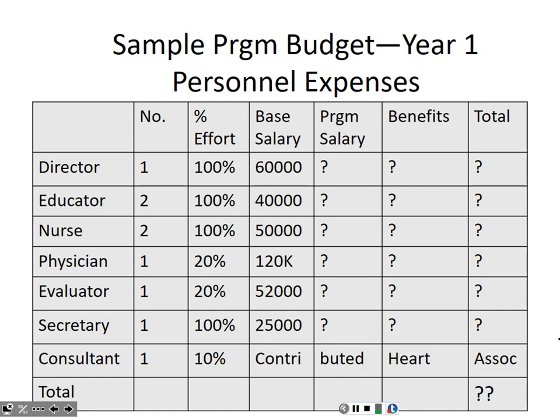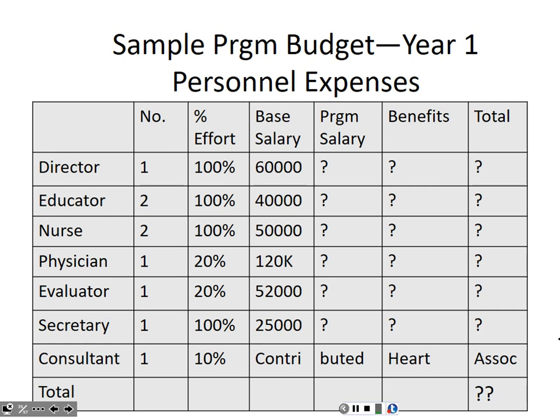Once we have the percent effort that each individual will allocate to our program and their base salary, which is how much they will get paid if they were working full-time, that's the full-time base salary. We can calculate their program salary, which is what proportion of their base salary we will allocate to our program budget. Okay? So if someone is working full-time on my project, then my project is going to cover their 60,000.